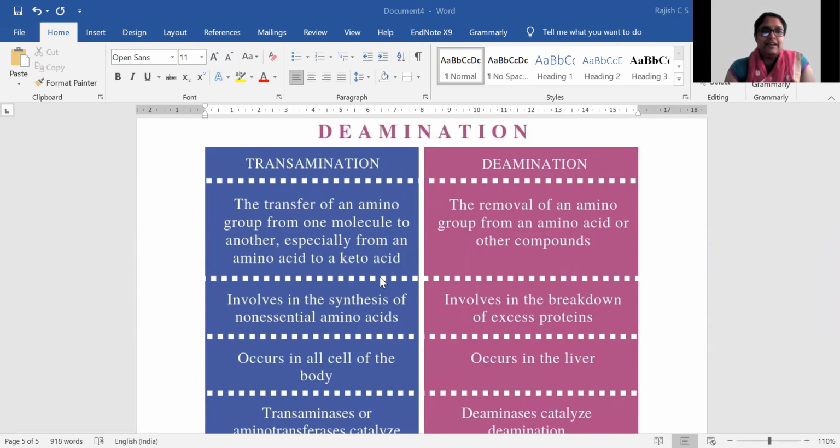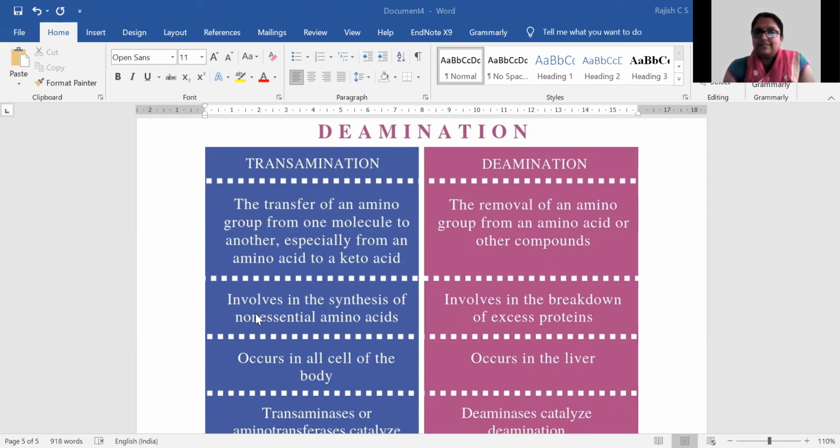But say if we want alanine and we have excess glutamate, then we transfer the amino group from the glutamate to pyruvic acid, and we get alpha ketoglutarate plus alanine. But in the deamination reaction, if we have alanine, we will get pyruvate plus ammonia. And that is the major difference between transamination and deamination.